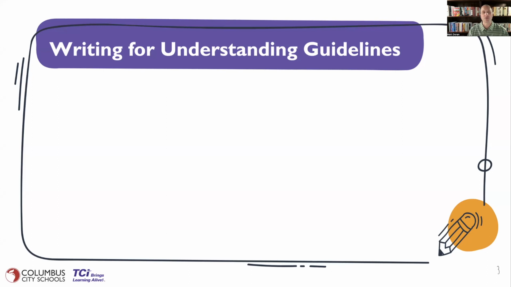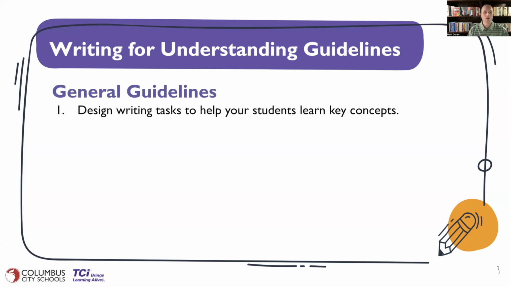Let's look now at some of the general guidelines for writing for understanding. First, we need to design writing tasks to help your students learn key concepts. Again, we start here with the concept rather than the strategy. What do we want students to know and be able to do? Concept-based learning is so important in social studies.